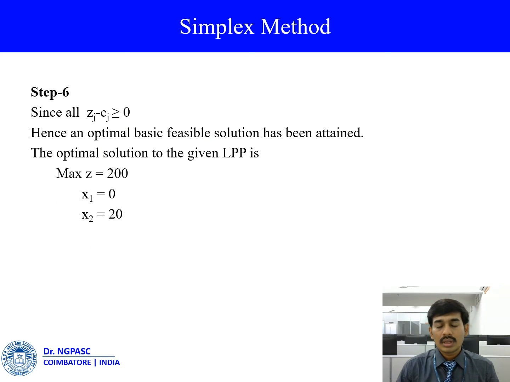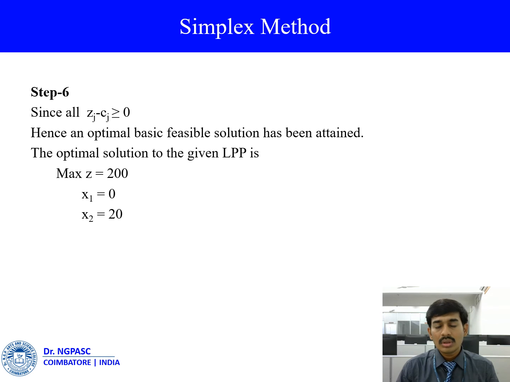Then step 3: since all zj minus cj are greater than or equal to 0, the optimal feasible solution has been attained. The optimal solution to the given LPP is maximum z equal to 200, from the previous slide.